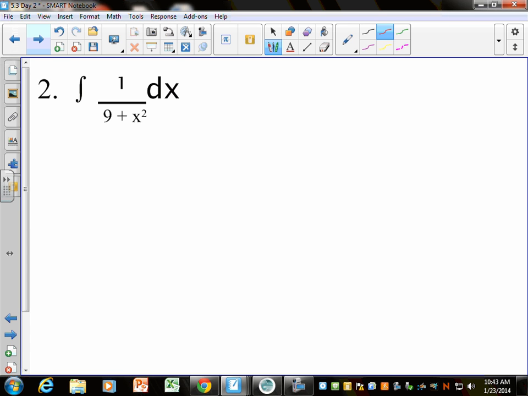That is going to be inverse tangent because it matches the thing. So see if you can figure out what a is and see if you can write the answer to that integral before I do it.